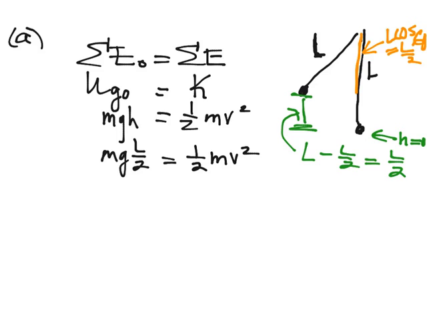Okay, we get rid of our m's, and we can also get rid of our factors of 1/2, and we have v squared equals gL, or v is equal to the square root of gL.